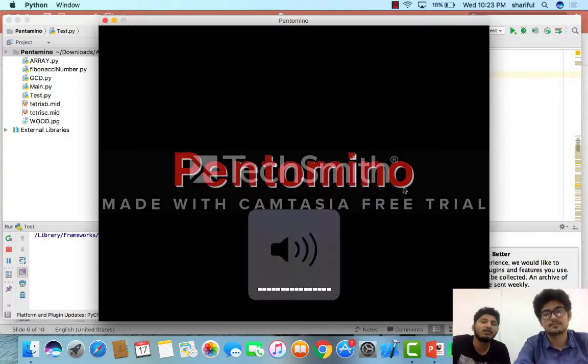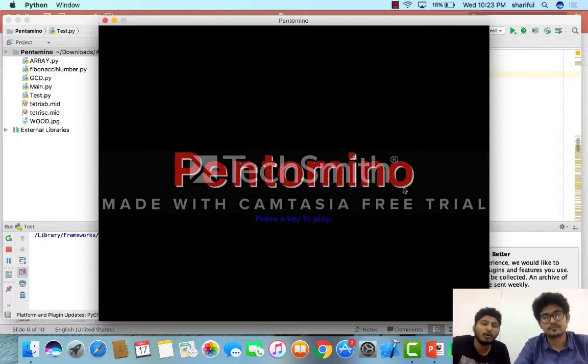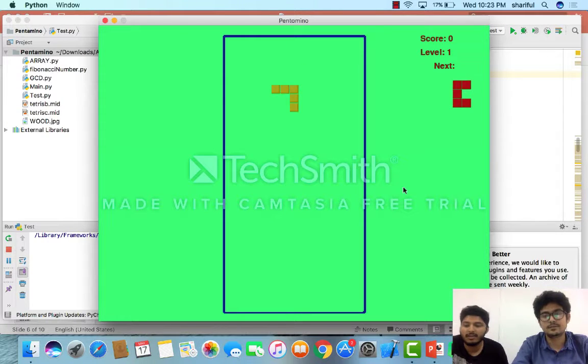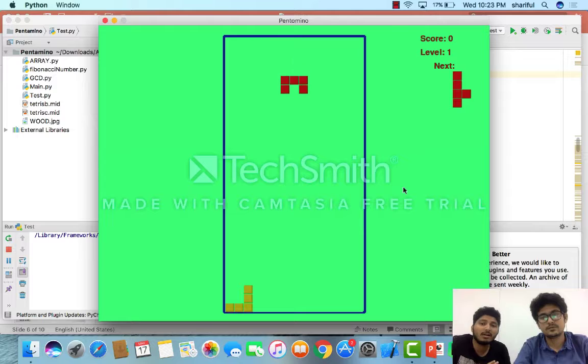So this is our starting game window. The game won't start until brother Tarif presses any key. Okay, now please press a key. Then, while the game begins, random Pentamino shapes start to come, and the shapes that are coming are quite random.